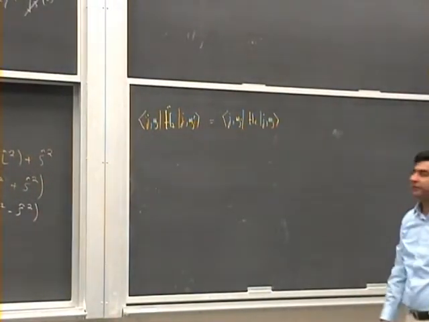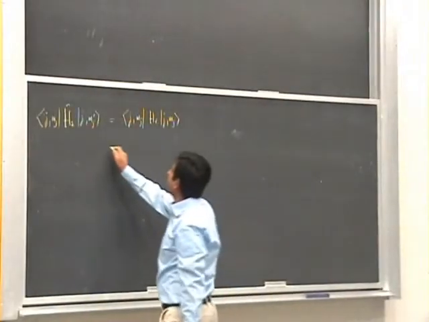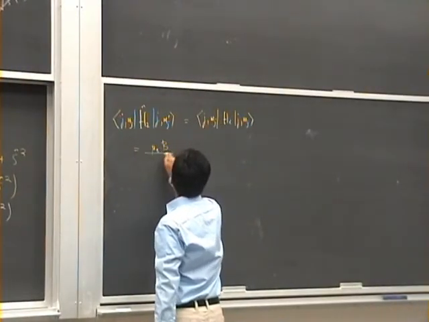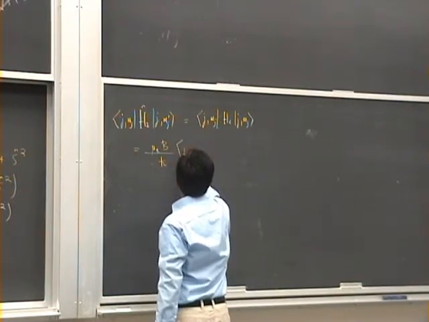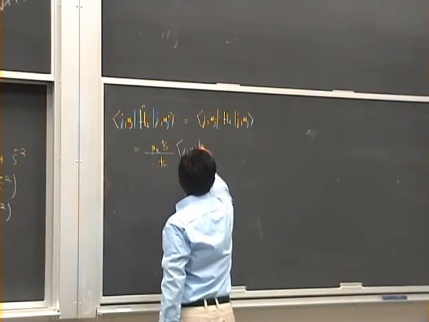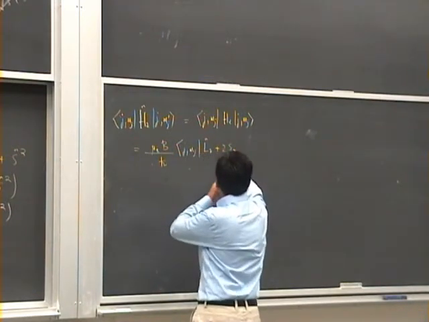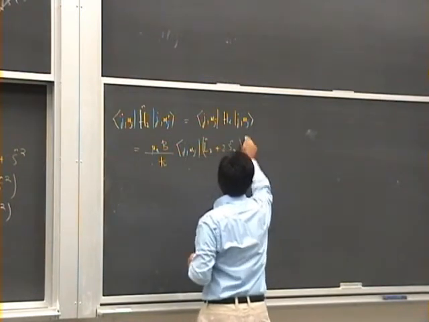Okay? So only the diagonal elements exist. I have μB B over ħ, ⟨J mj| Lz plus 2Sz |J mj⟩.